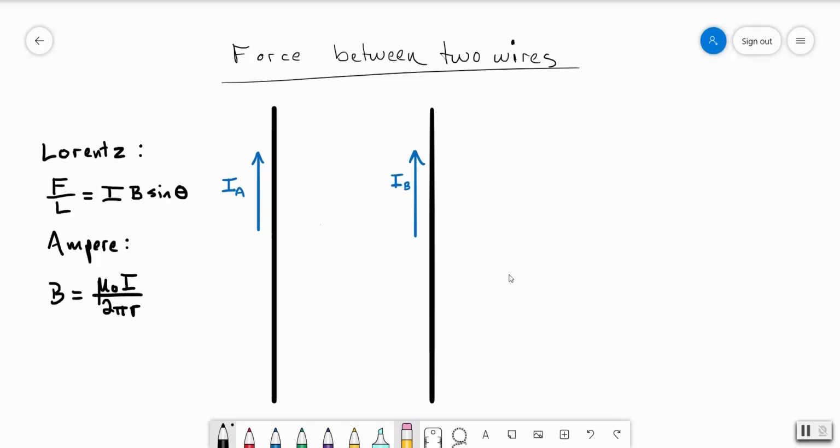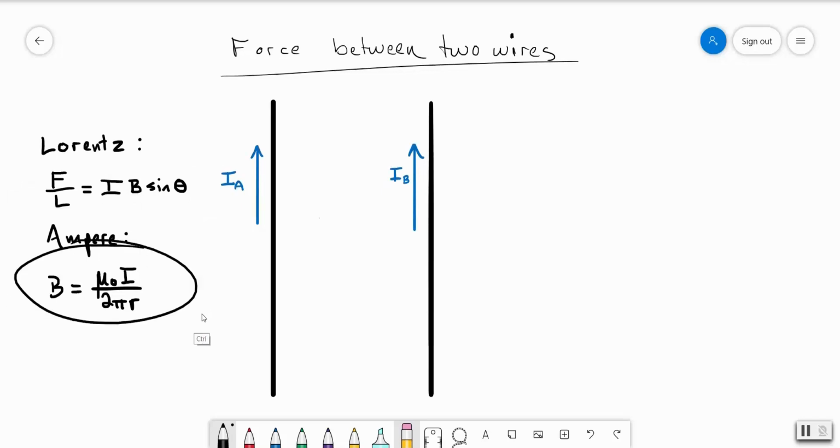Well, the first thing that we need to do, we need to create a magnetic field using one of our currents, because in order for this to take effect, the wire actually has to be immersed in a magnetic field. So we need to create the magnetic field in order for that wire to experience the force.